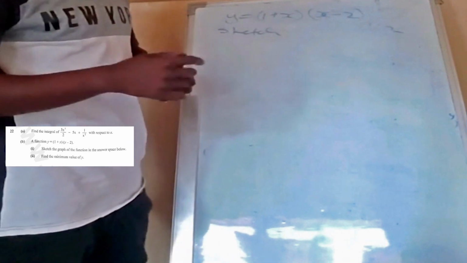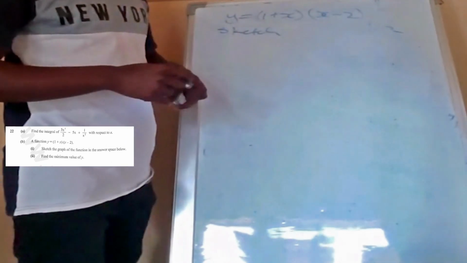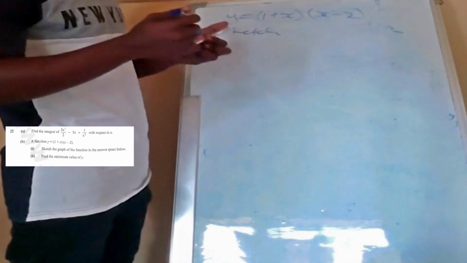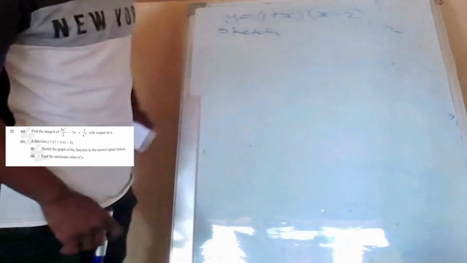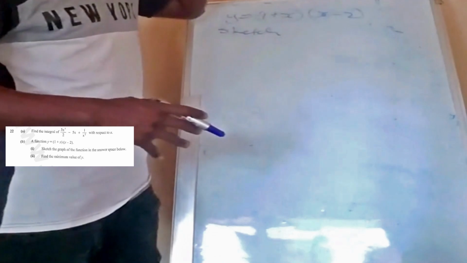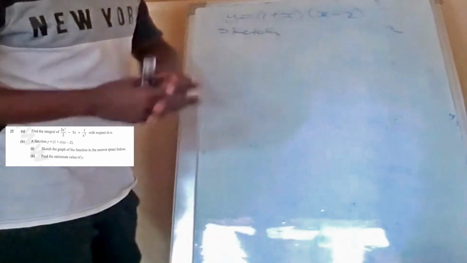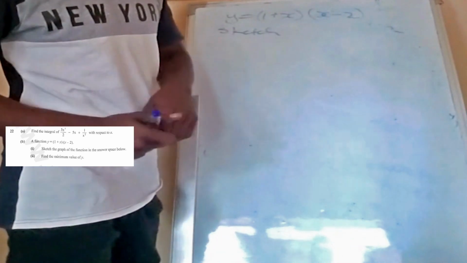So if we're asked to sketch this function that we have, this is how we go about it. We're just sketching, not plotting it exactly, but it will have the general shape that the original plot should have.